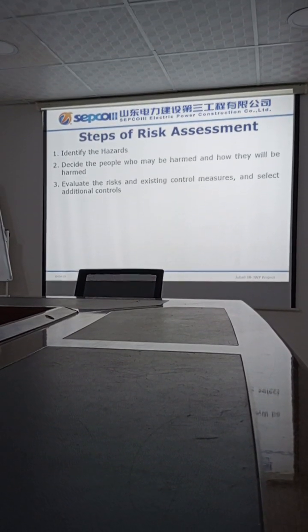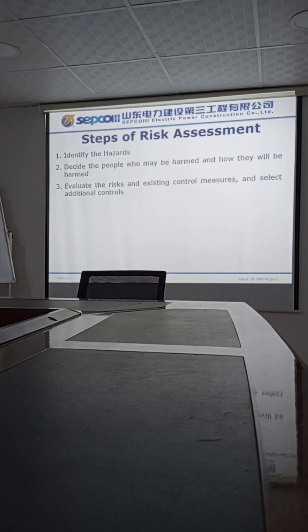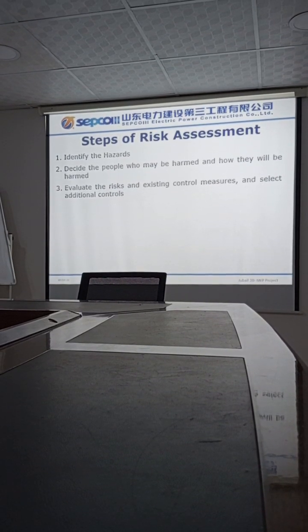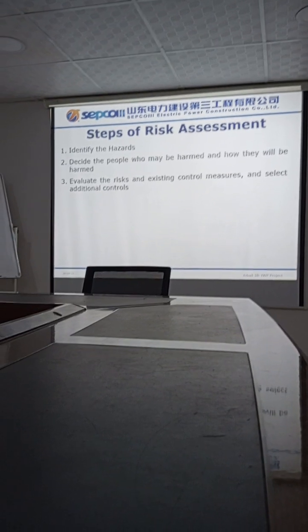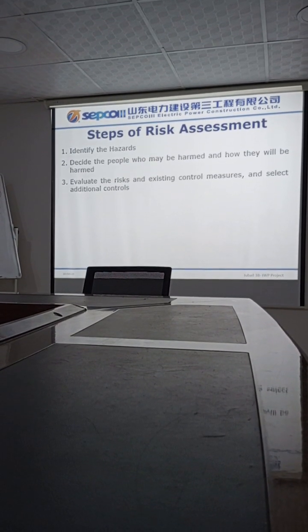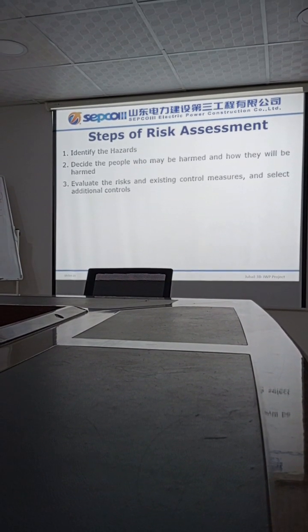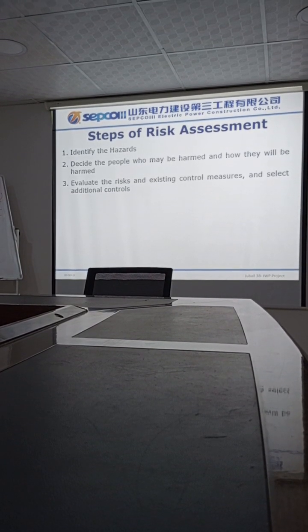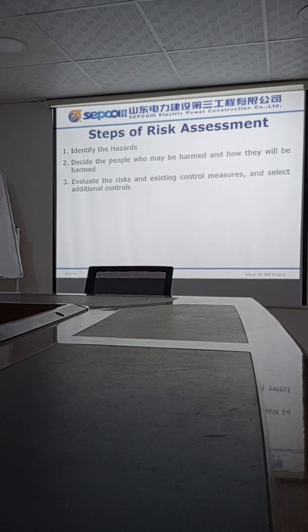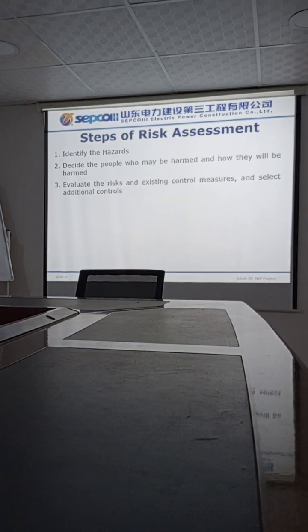Evaluate the risk. If I trip in this area, maybe there is a possibility of broken bones in the arms, because I will fall down, or injury to the head. Existing control: maybe I will clear this area, clean, housekeeping. That's why we always do housekeeping and arrangement.